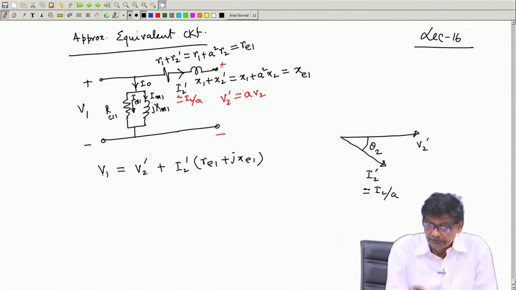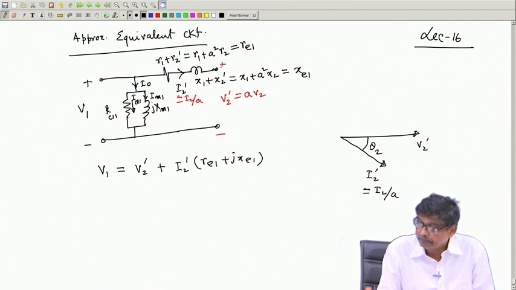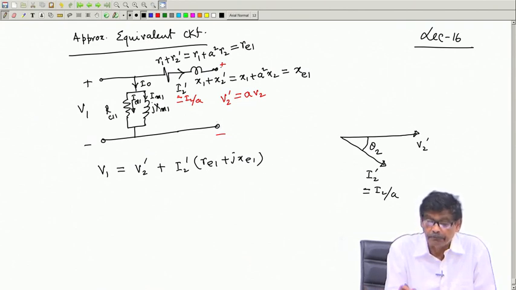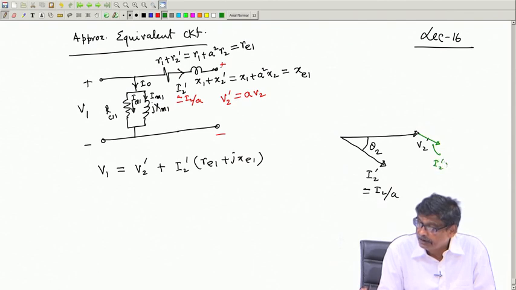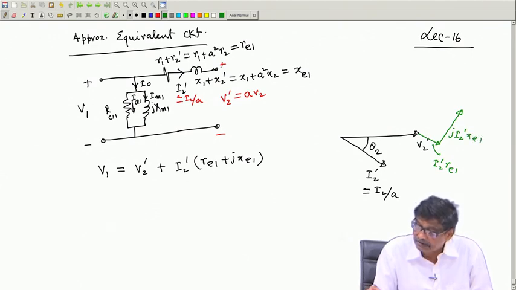Then to get V 1, you add to V 2 dashed these drops simply. So, this will be V 2 dashed plus I 2 dashed R E 1 plus J I 2 dashed X E 1, and you will get V 1.